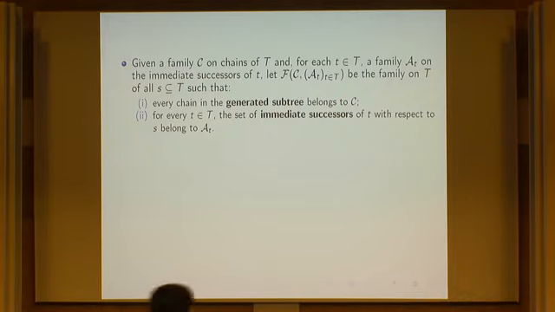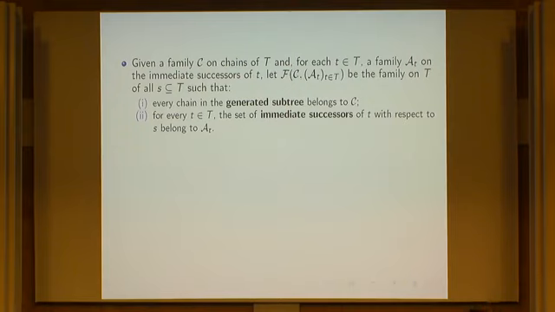I should have put it in different colors, right? Because now we don't know what is the tree and what is the set. For example, if this was the set S, then for the generated subtree, I add these 3 points, but I also add the immediate successor of this point because there are those above, and I add here one and here one, and this is it, right?